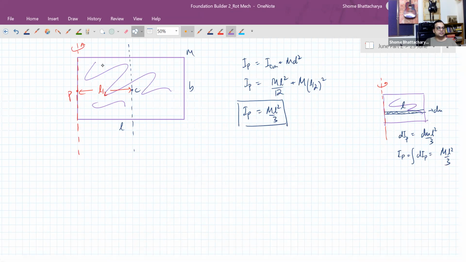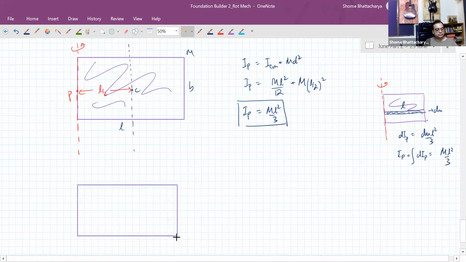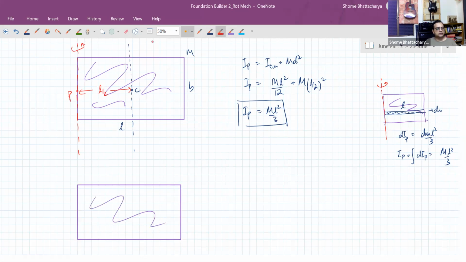Similarly, if you consider the other edge, that is the edge which coincides with one of the lengths, you'll get a similar kind of formula.